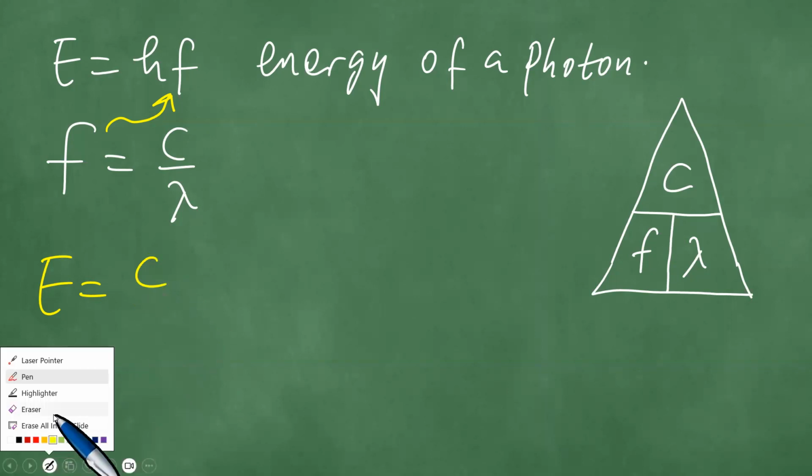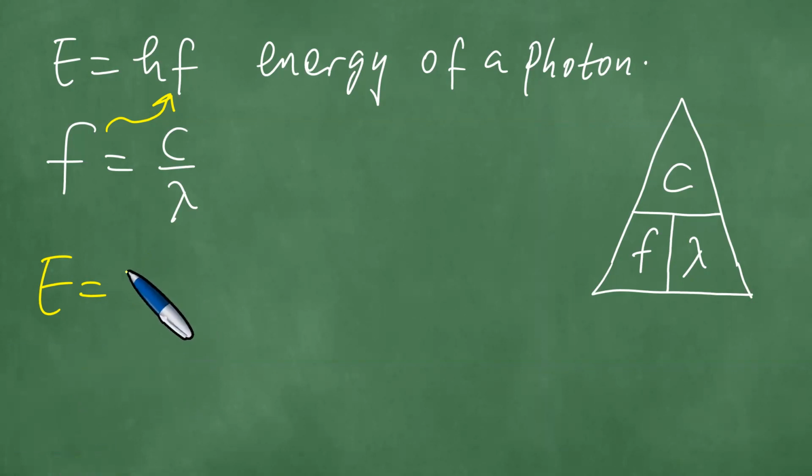This is another equation we can use to calculate the energy of a photon. We can use either HF or HC over lambda.